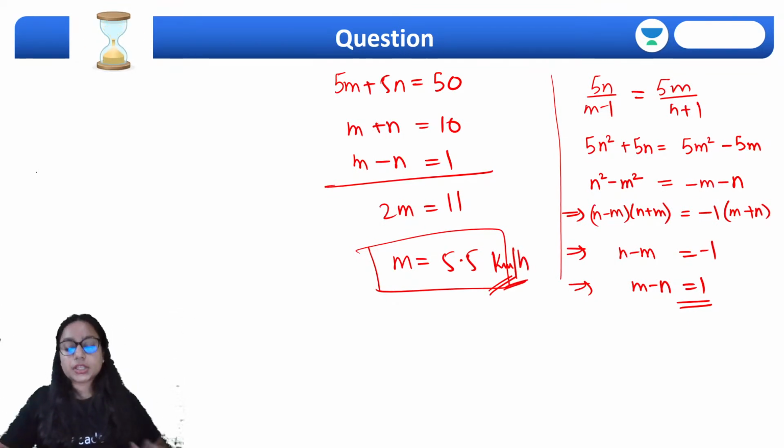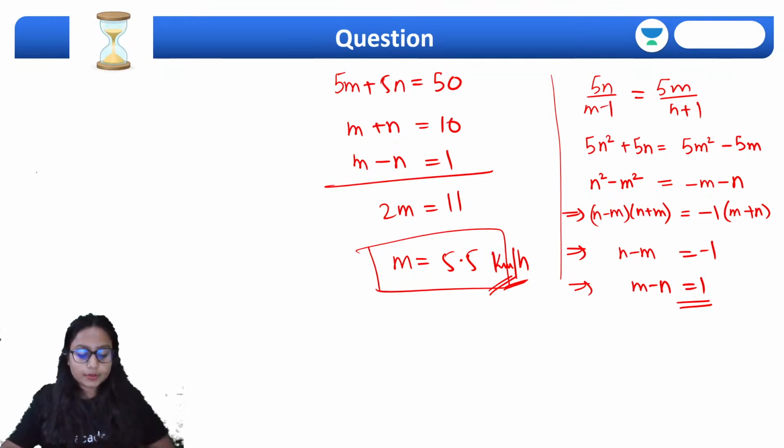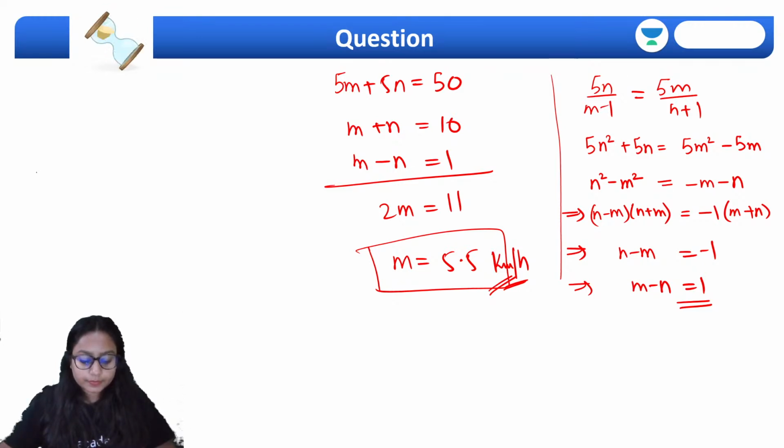Guys, is this question clear to everyone? Please confirm. Yes, Praveen, have you understood now? Mayank, Kushal, Tanya, have you got your mistake? I hope you made only some calculation mistake earlier.